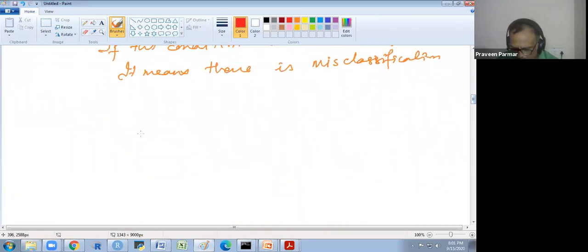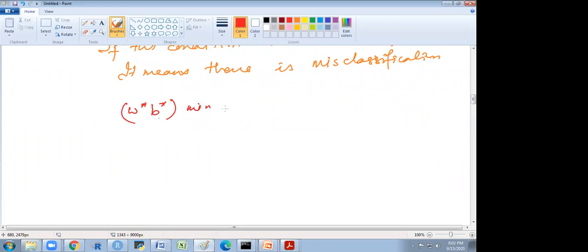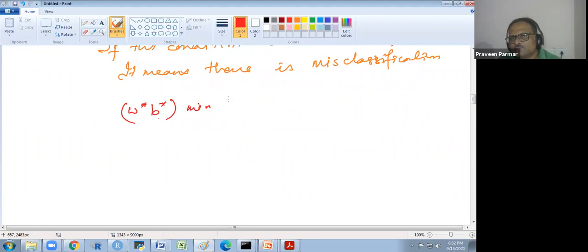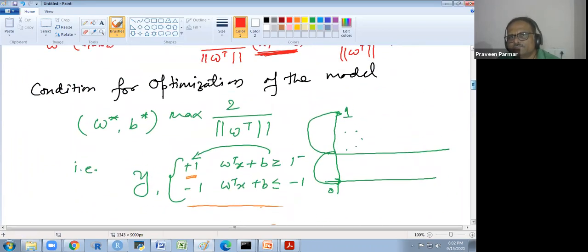And one more thing I would like to tell you again. For the minimum criteria, when I write the minimum, it will be the reciprocal for the maximum, right?